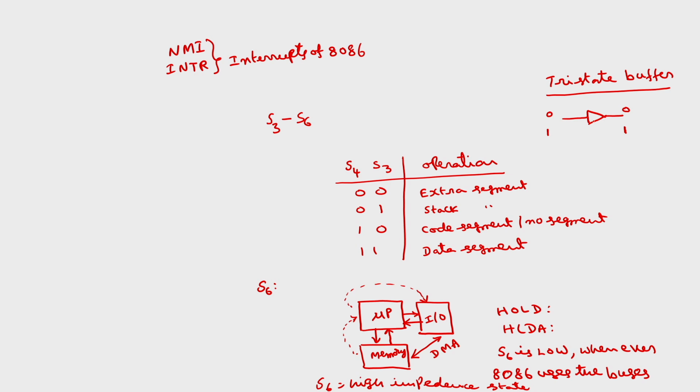If I want a tri-state buffer, I have to incorporate one more control signal C here. This is tri-state. If C is equal to 1, it is normal operation: if input is 0, output is also 0, and if input is 1, output is 1. If C is equal to 0, then the buffer enters the tri-state.